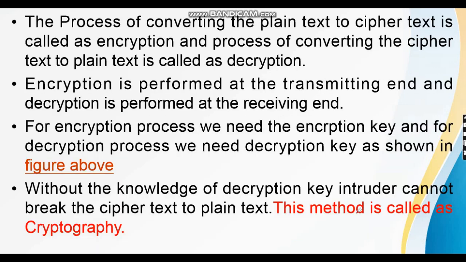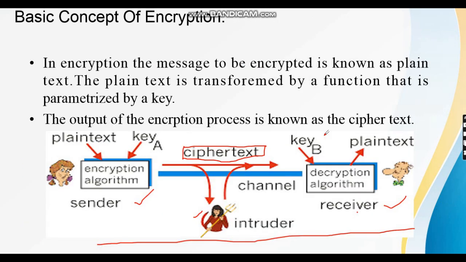Okay, let's go ahead and see. The process of converting the plain text to ciphertext is called encryption, and the process of converting the ciphertext to plain text is called decryption. After the ciphertext, when the message is decrypted, that algorithm is called the decryption algorithm.